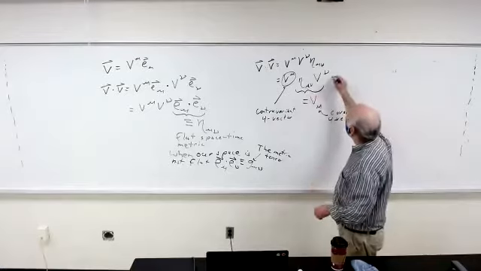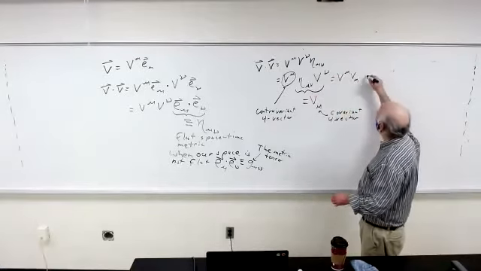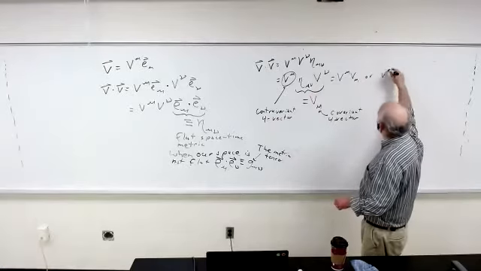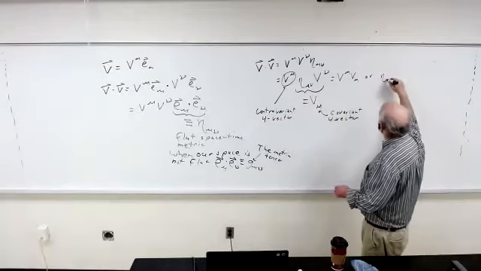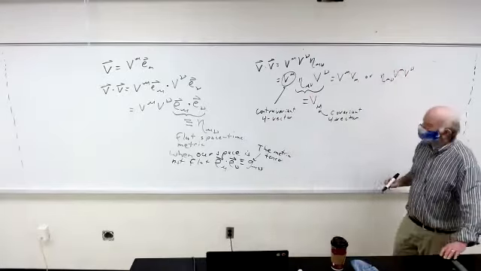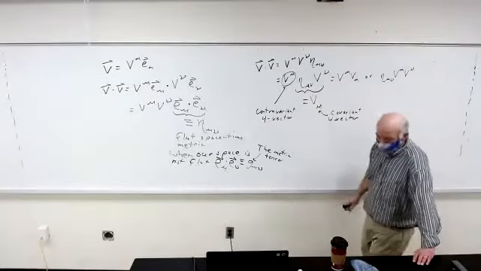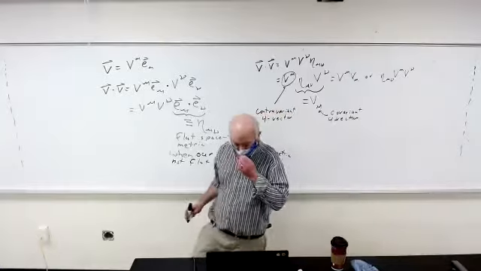So the dot product we can just as well write as V mu, V mu, or V mu, V nu, or eta mu nu, V mu, V nu. These are all equivalent. Does that make sense?